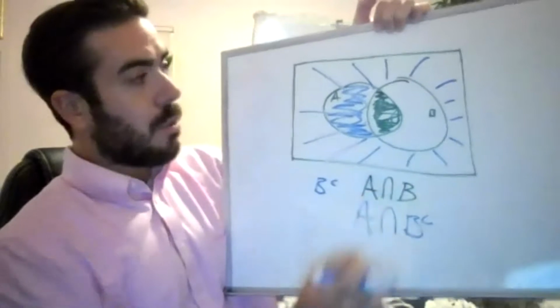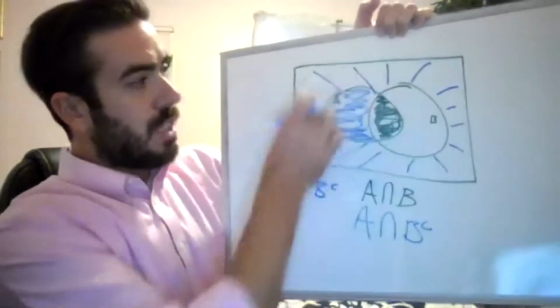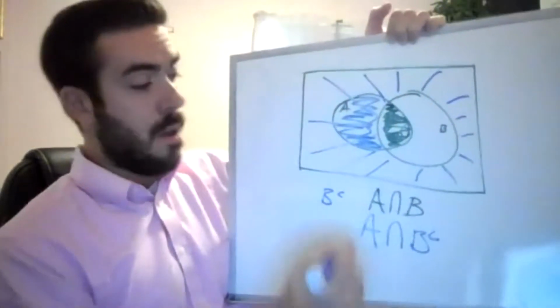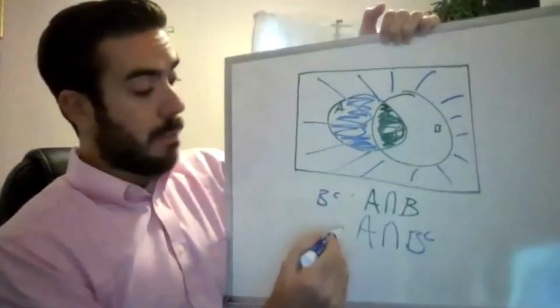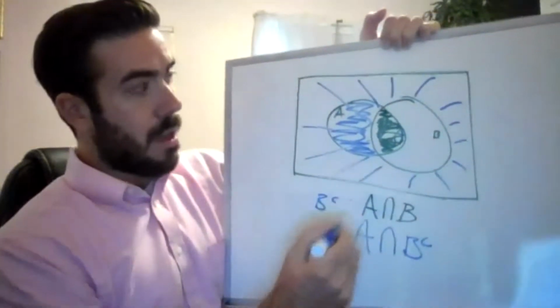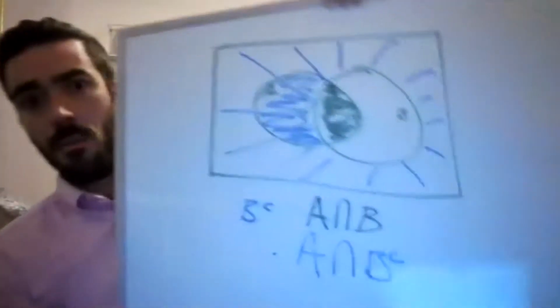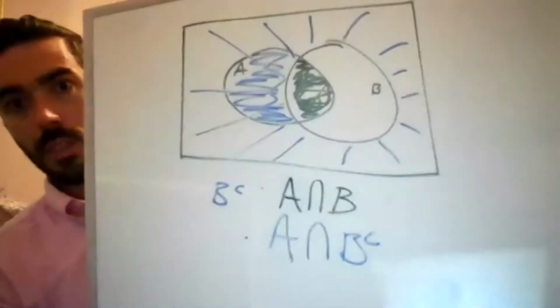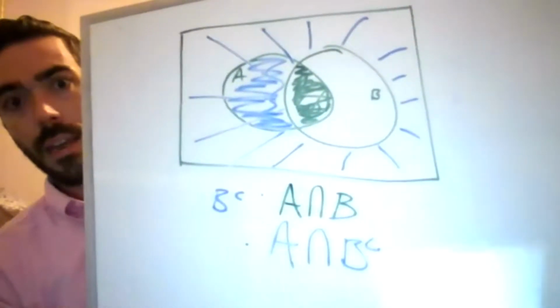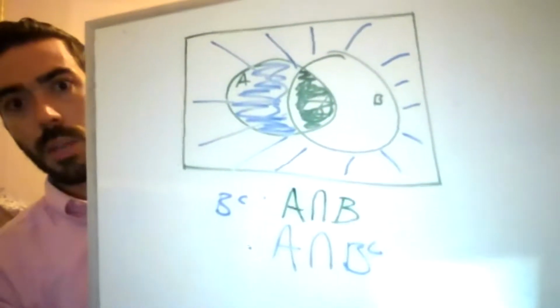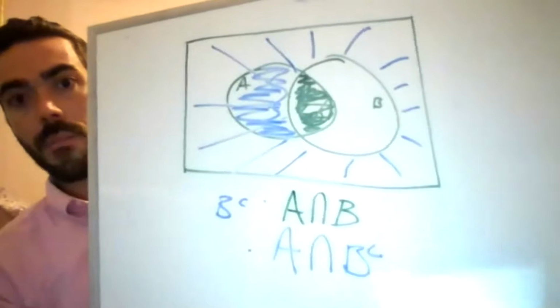So if I add these 2 things together, they should just give me that entire circle A, or the probability of A and B plus the probability of A and B complement just add up to the probability of A. Okay, so you can hopefully see the colors a little bit better. If I hold it here for a second, especially if you're going back and watching this, you'll be able to get a good look at that. Okay. So that's where that comes from.